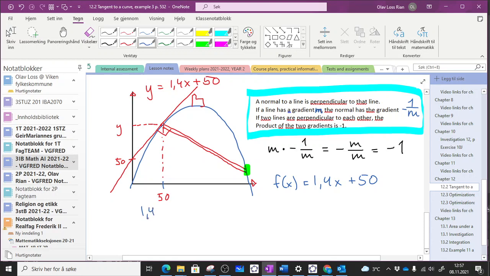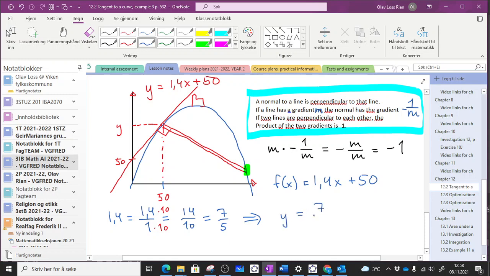So Jacob is going to love this. 1.4 is the same as 1.4 divided by 1, right? And there's nothing stopping me from multiplying this with 10. So that'll give me 14 divided by 10, which is the same as 7 divided by 5 if I just divide both of them with 2.